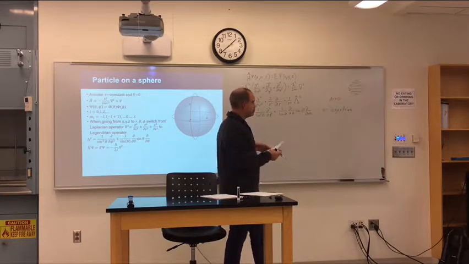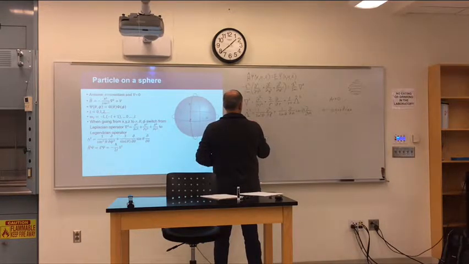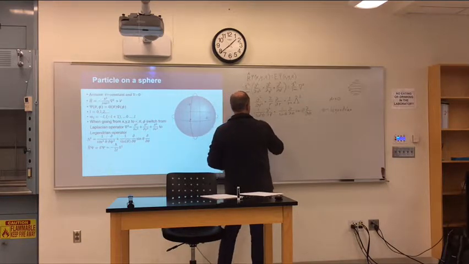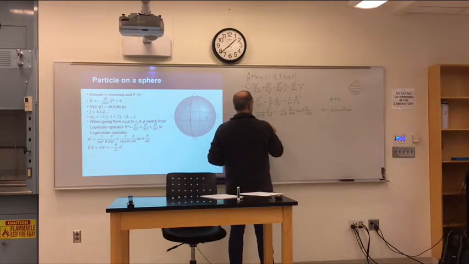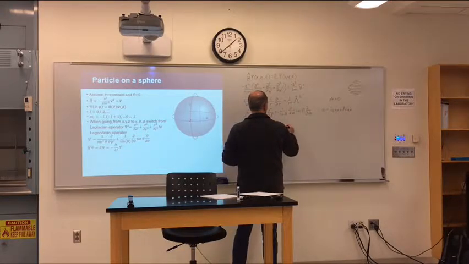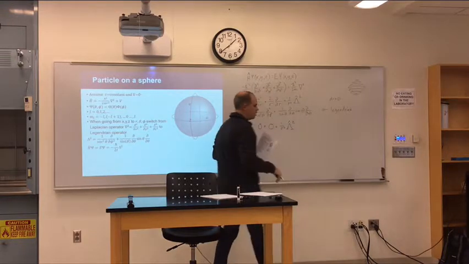So what this ends up giving us for our delta squared, if we're saying that r is being held constant, is essentially 0 plus 0 plus 1 over r squared, like that.